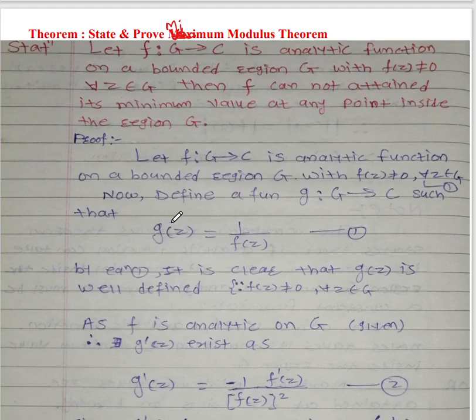So what is given? We are given f from G to C, an analytic function on a bounded region G with mod f of z not equal to 0 for all values of z belonging to G. Let us call this equation number 1. To prove this theorem, let us define another function g on the region G in the complex plane C such that g of z equals 1 upon f of z.